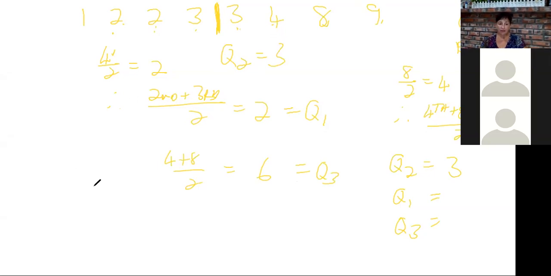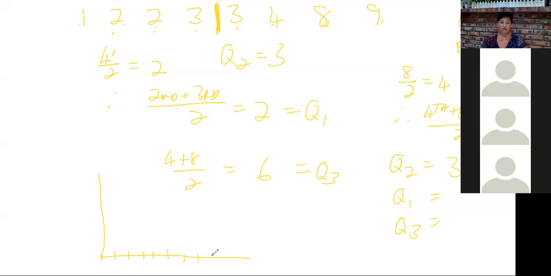All right, so again, you have your minimum and maximum. 1, 2, 3, 4, 6, 7, 8, 9. You'll obviously space them beautifully. Your minimum is 1. Your maximum is 9. 1, 2, 3, 4, 5, 6, 7, 8, 9.